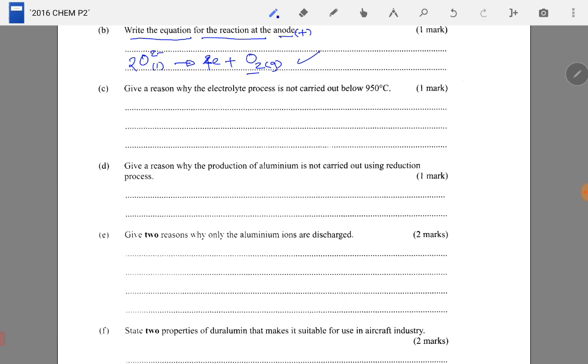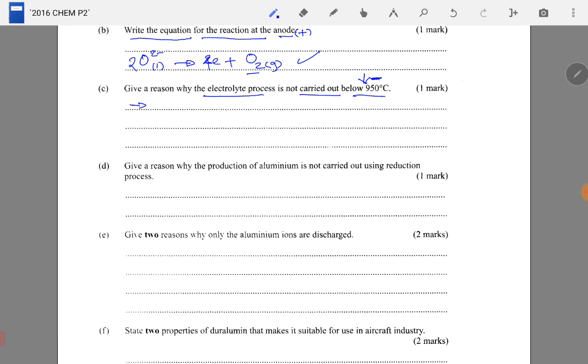Give why the electrolysis process is not carried out below 950 degrees Celsius. So below this is, yes, if I remember this quite well, almost close to the melting point of some of these elements. So give reason.